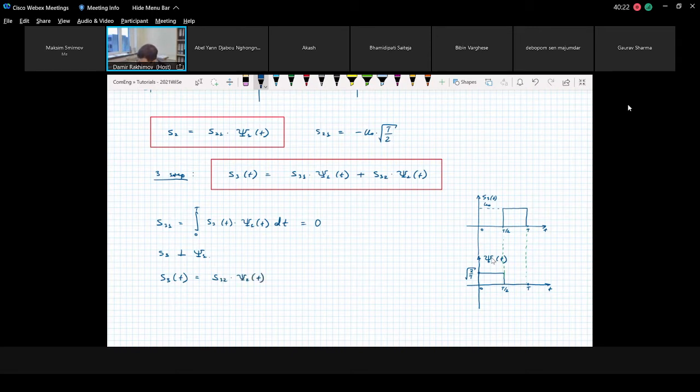But we know that if we just normalize our third signal, then we can get our second basis function. So we take our third signal and we normalize it by the energy of our signal, this scalar S32. For this case, it is nothing else than the energy of our third signal under square root.